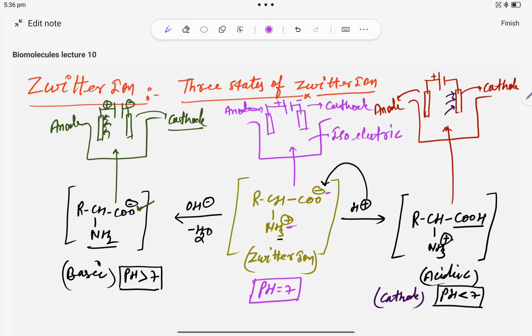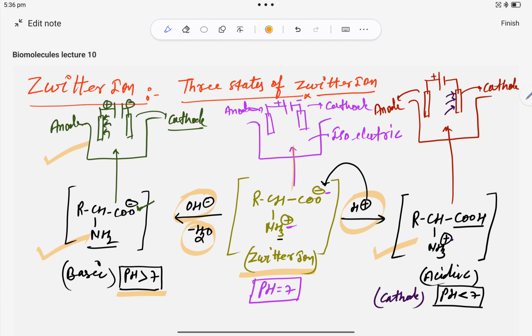So this is the zwitterion, children. Once again I am explaining here. In the zwitterion, if you are adding acid, then it is converted into acidic solution, and if you are doing the electrolysis, then it will be liberated at cathode. At the same time, if you are adding OH minus, then water will be removed and it will be basic, pH more than 7, and it will be liberated on anode.